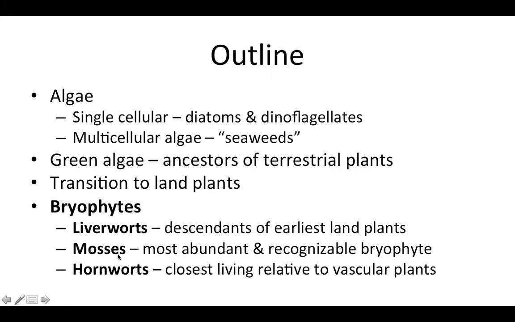We'll talk about mosses. Mosses are the most abundant and recognizable bryophyte. I'm sure you've all seen some. And we will talk about hornworts. And hornworts are the most rare of these three. However, they are the closest relative to all of the other living vascular plants, and so they are important.